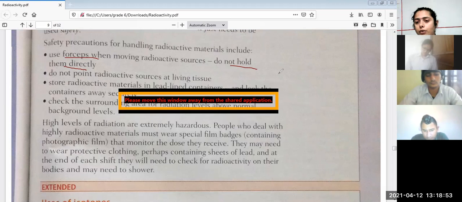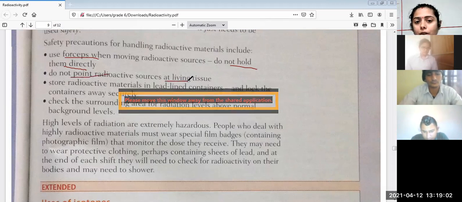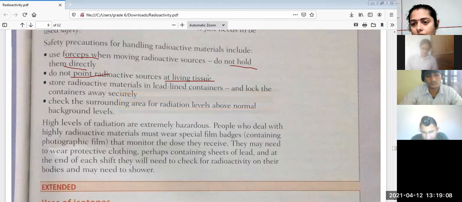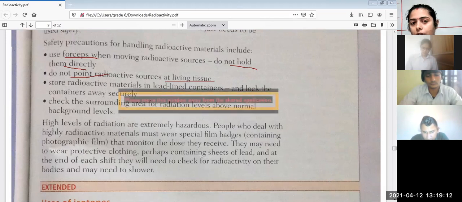Fine, so we are not going to hold them directly, but we are going to use forceps for that purpose. Fine. Okay, do not keep it directly on any living cell. Obviously if you put it on living tissue, it will damage it. Fine, because it is going to pass through and damage the cells.